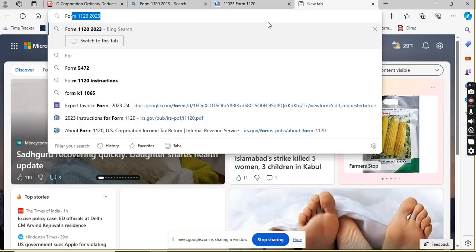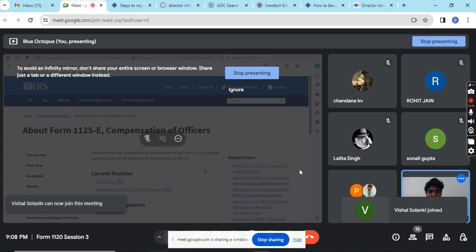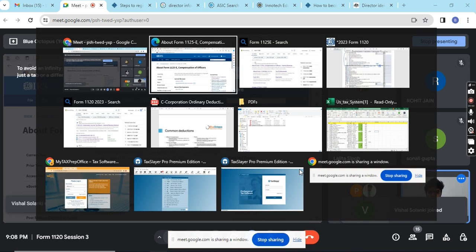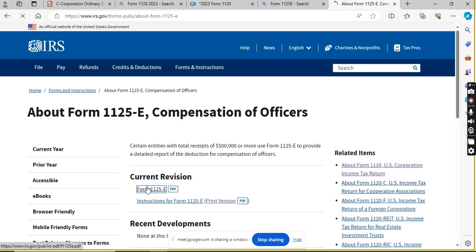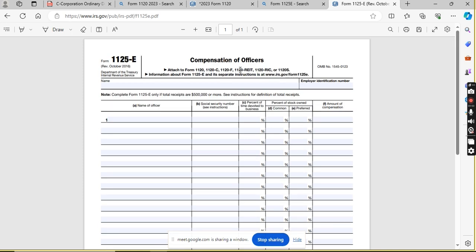Form 1125-E will be just the details of each and every officer and how much percentage of time they are devoting to the company. So Form 1125-E looks like this.